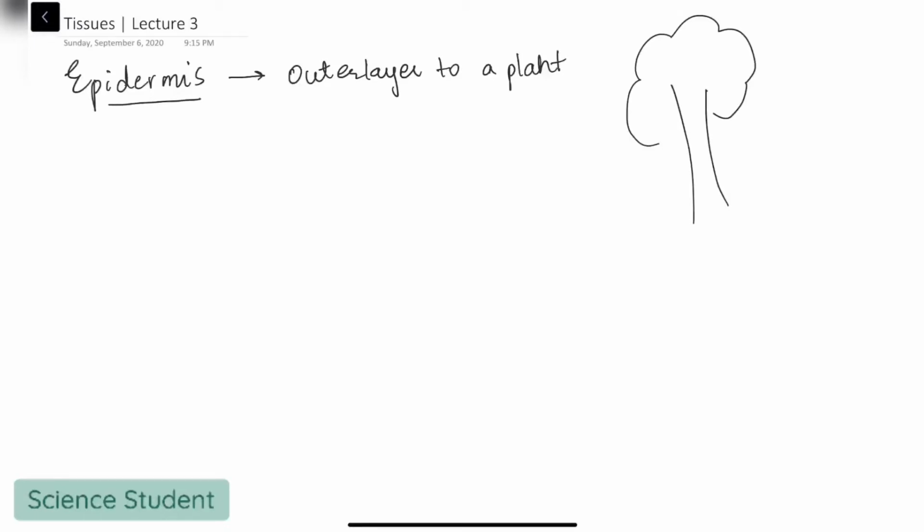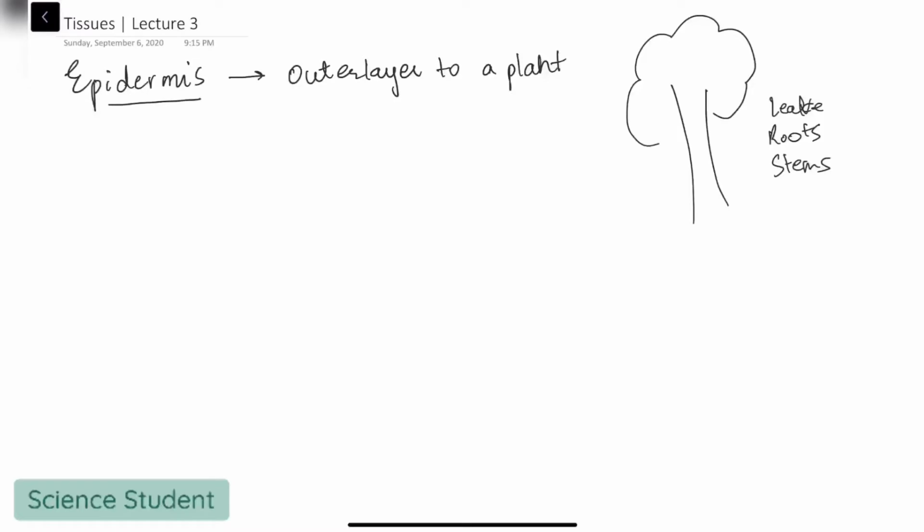Epidermis is the outer layer of a plant. The whole plant, like if this is a plant, then the whole plant with leaves, roots, stems is surrounded by the layer of epidermis.